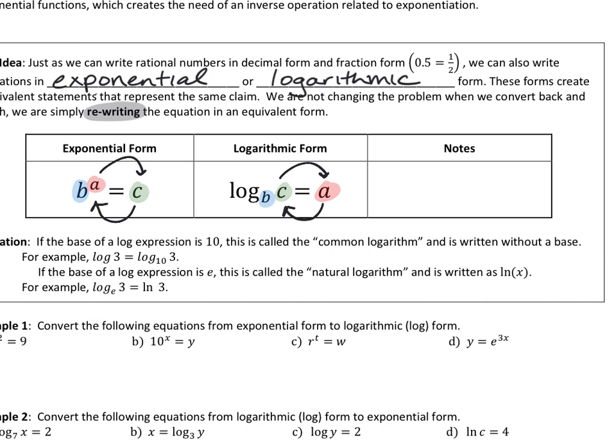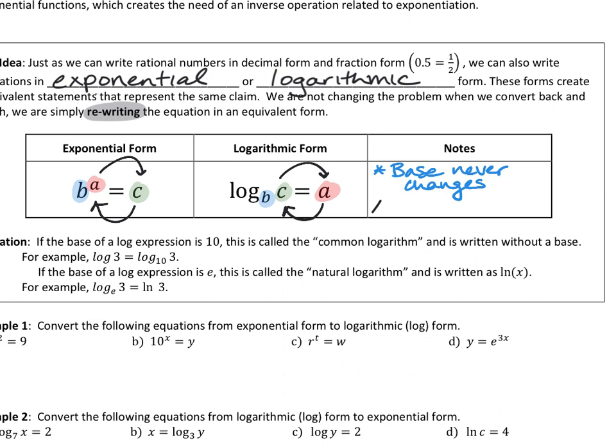So the two notes I want to have you write for yourself is, number one, that the base never changes. Whatever number is the base of the exponential is the base of the logarithm, and vice versa. The base of the logarithm is the base of the exponential, or the number with an exponent.